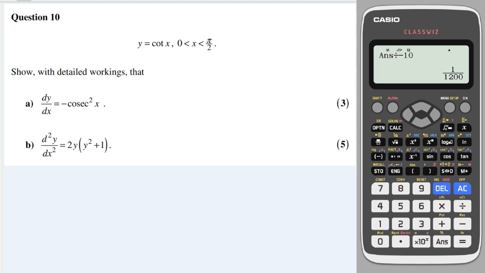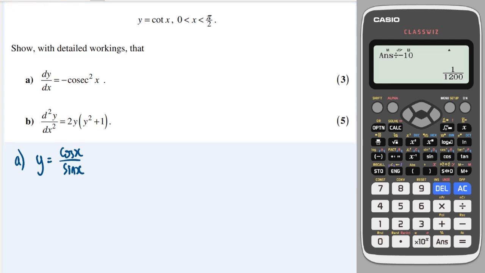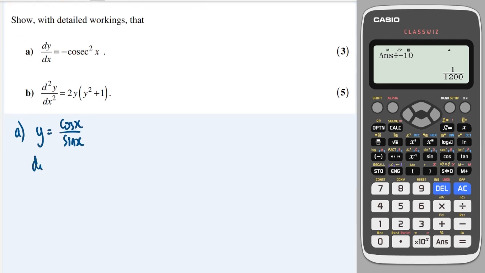Question 10, it's basically asked me to differentiate cot. Okay, no problem. Let's say that y = cos x over sin x. So using the quotient rule, that's going to give me dy/dx equal to, remember this one is u, this one is v.